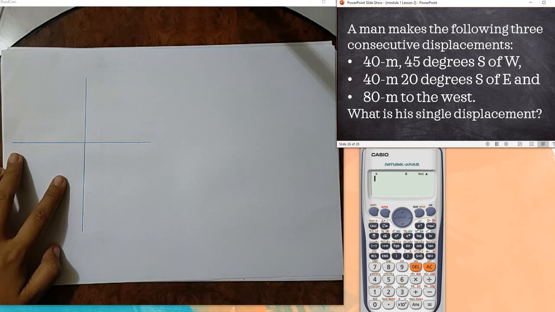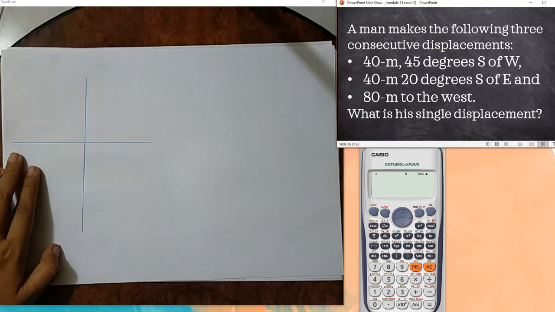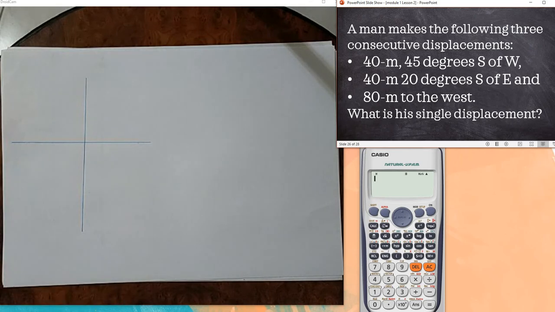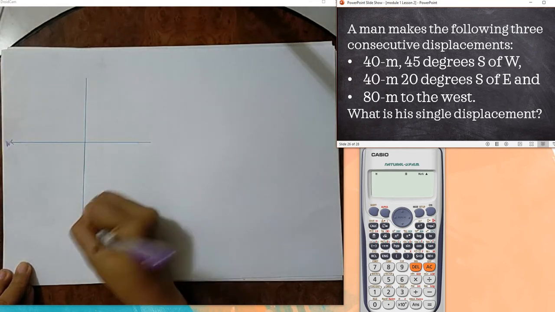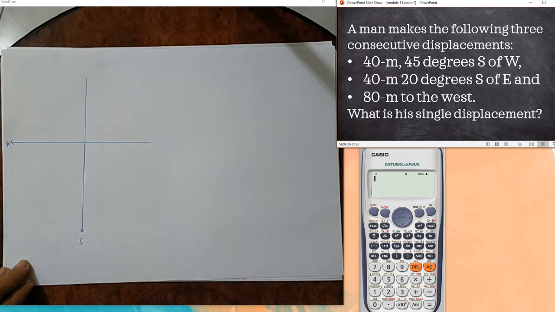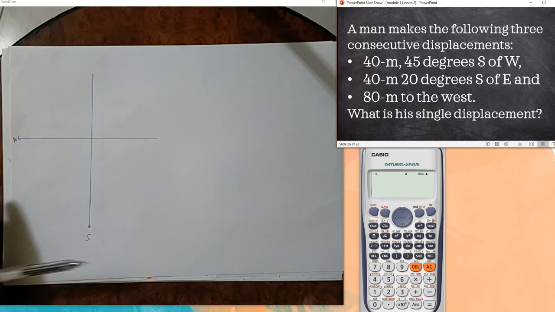So where is this 45 degrees south of west? So let's say this is the 45 degrees south of west. Take note that it is south and west. So this is where south and west is located. Therefore, our vector is located on the third quadrant.